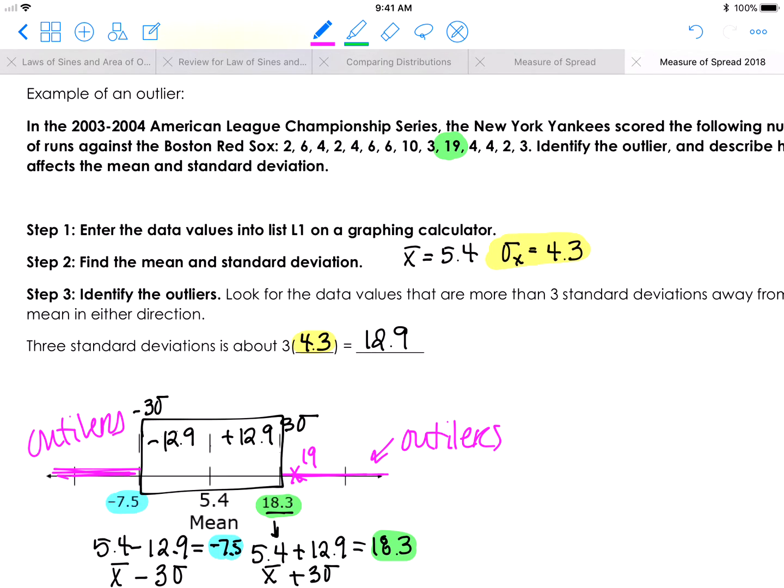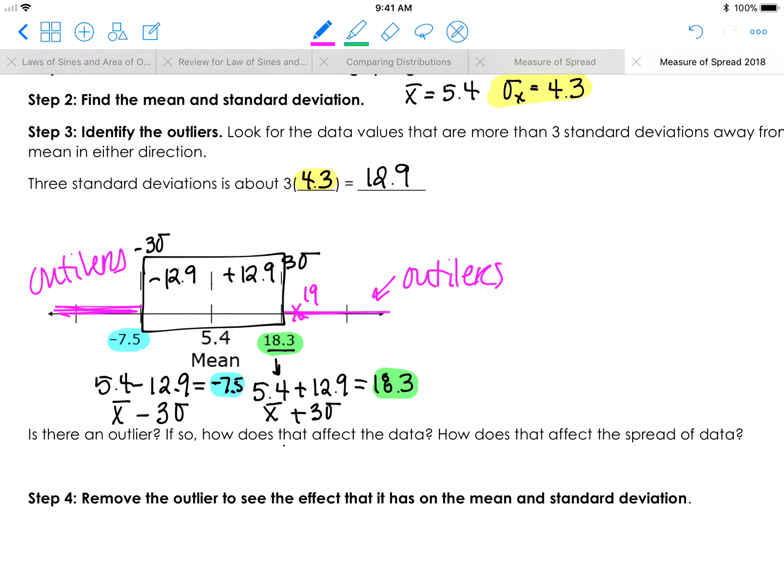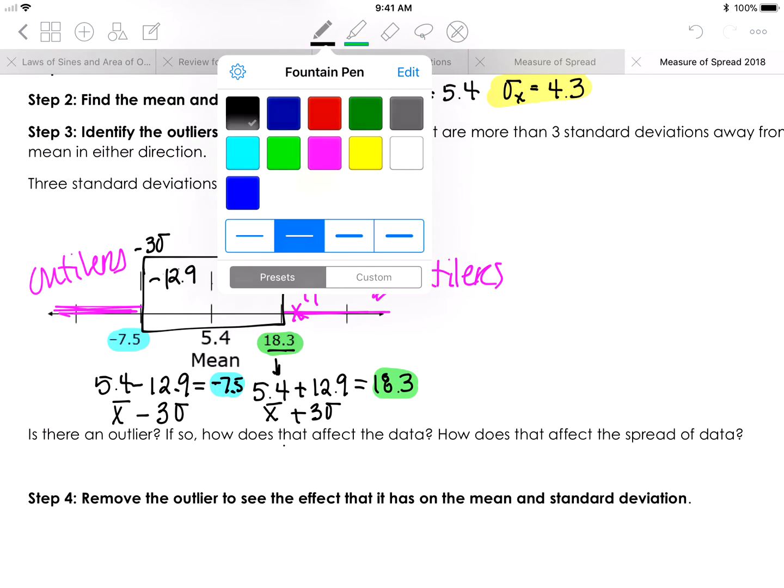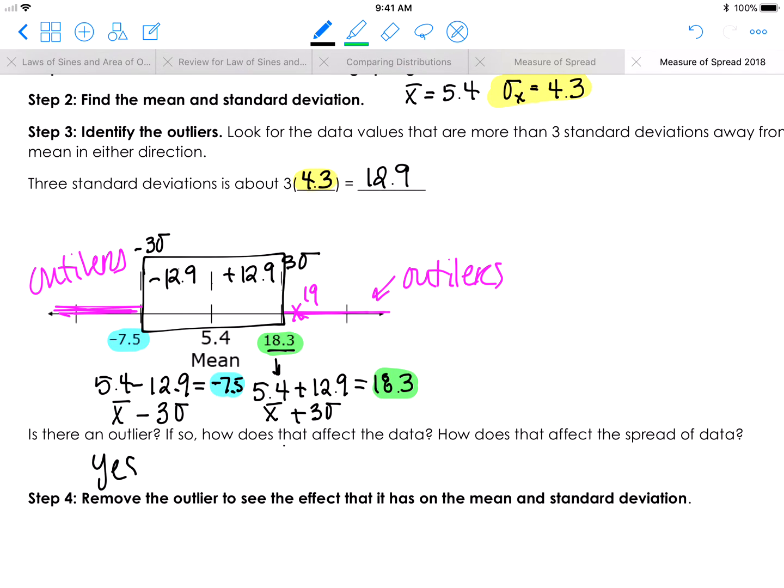Okay, so the question says, is there an outlier? And if so, how does that affect the data spread? Yes, there is an outlier. It is 19. And how does it affect the data? Well, it's going to skew, and we'll talk about this a lot more later. Let's use the word shift for now because skewed might be confusing right now.